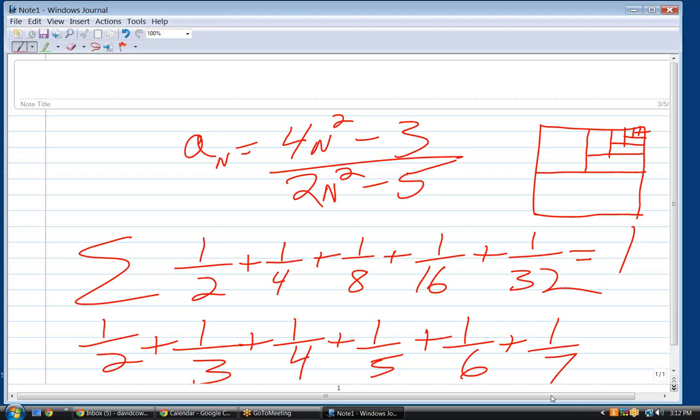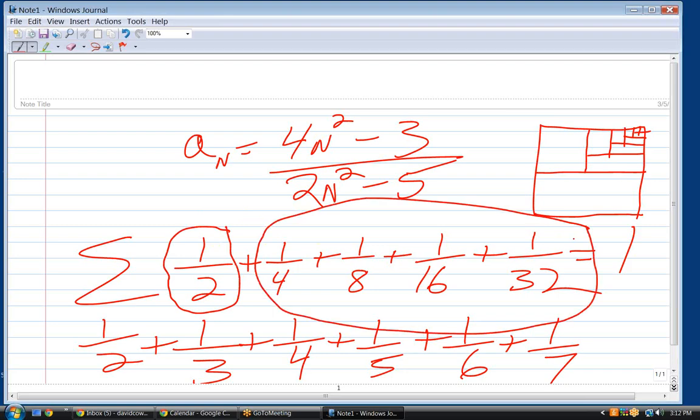One way to think about why is this: when I take the first series, if I add up all of the terms that follow the 1/2, they don't equal 1/2. They're less than 1/2.